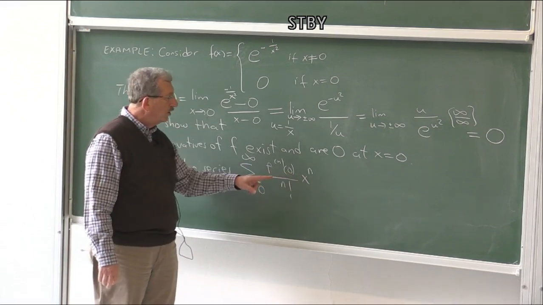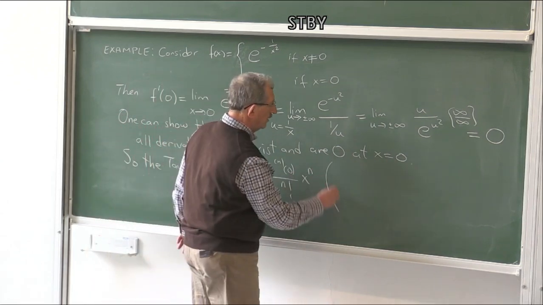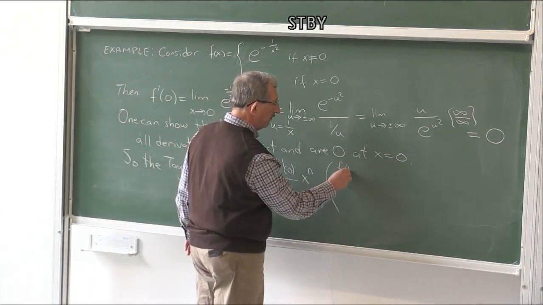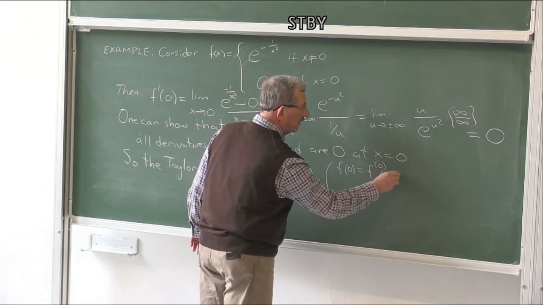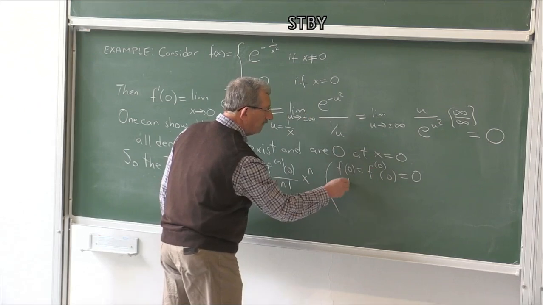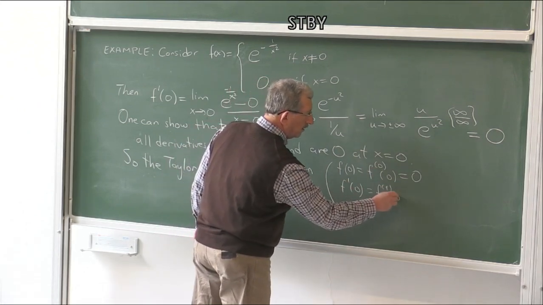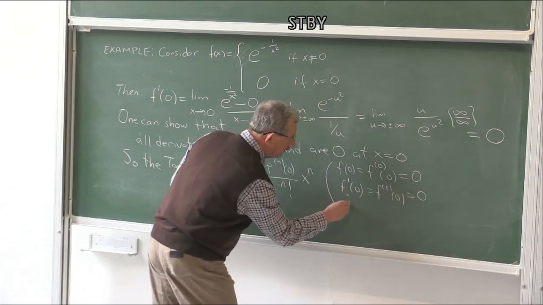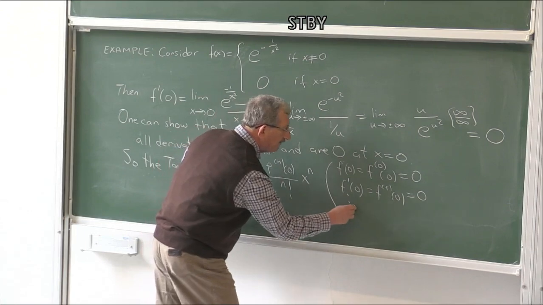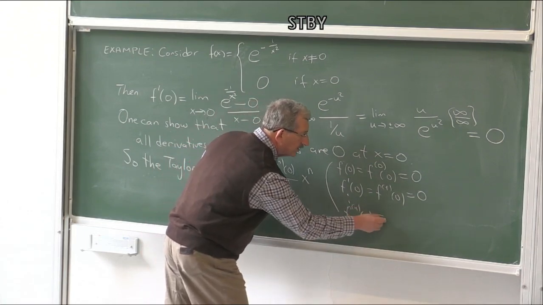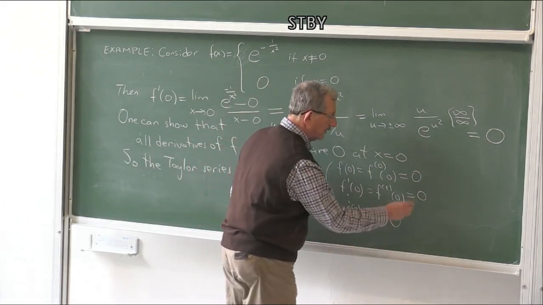Also the 0th derivative, which means the function value, namely f of 0, which was defined as 0, is 0. F prime of 0 is 0, and we calculated this. And the nth derivative at 0, we said by induction, can be shown to be 0.